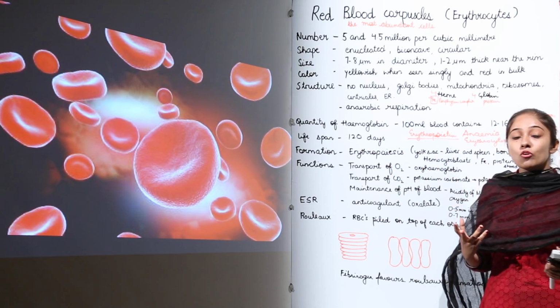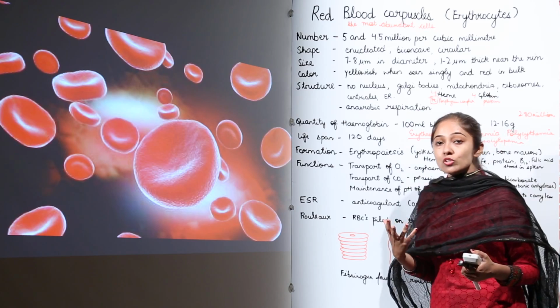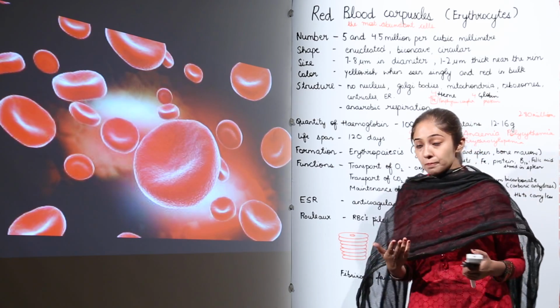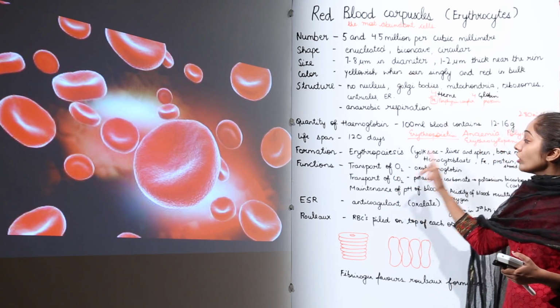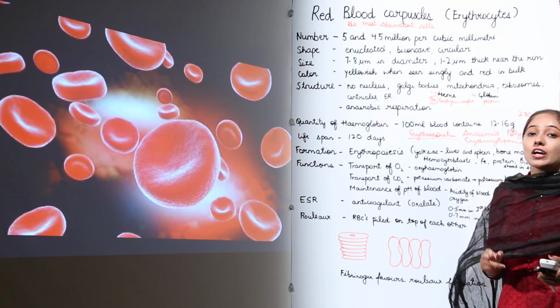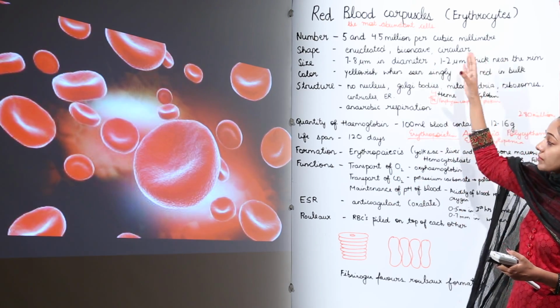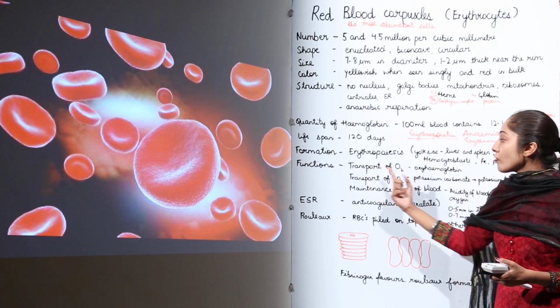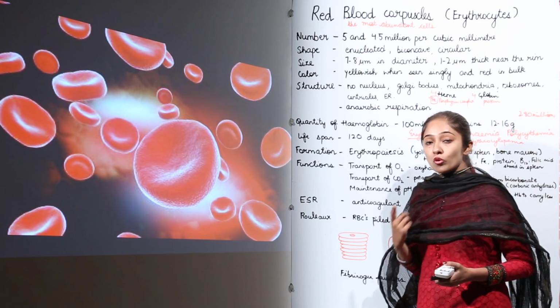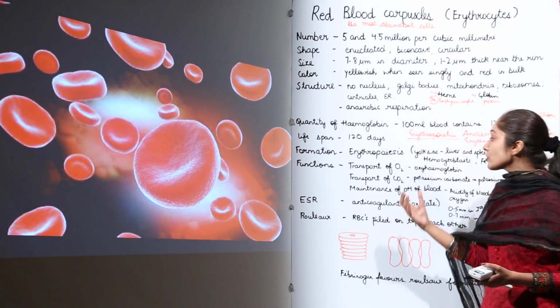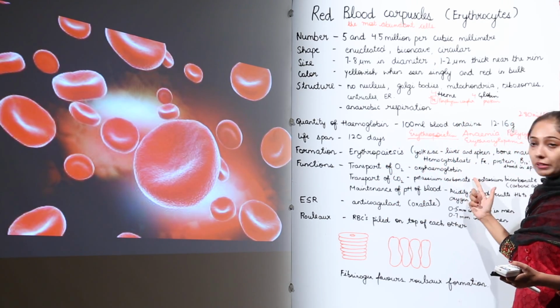Now this oxyhemoglobin is available for the tissues where oxidation of food takes place. So this oxygen is helping for the oxidation of food. So the main and the major function of the red blood corpuscle, the erythrocyte, is the transport of oxygen. How is this possible? Because of the pigment, hemoglobin, which combines with oxygen to form oxyhemoglobin.